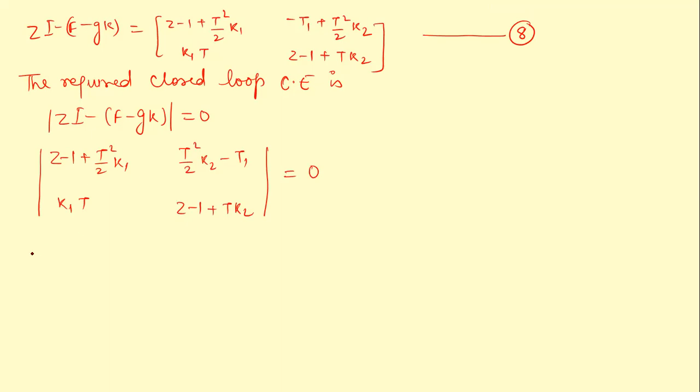So the determinant would be (z minus 1 plus T squared by 2 K1) into (z minus 1 plus T K2), minus K1 T into (T squared by 2 K2 minus T).